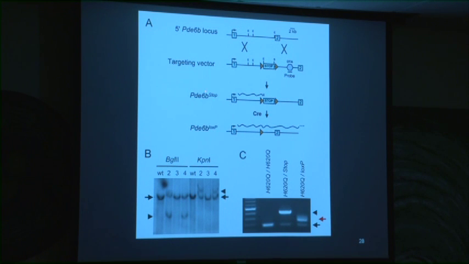This will block the expression of this phosphodiesterase, and in the presence of a drug-inducible recombinase, it will pop out this cassette, and then this will be on. So we can now give a systemic drug instead of doing a virus every time, and take away the variability of surgery.